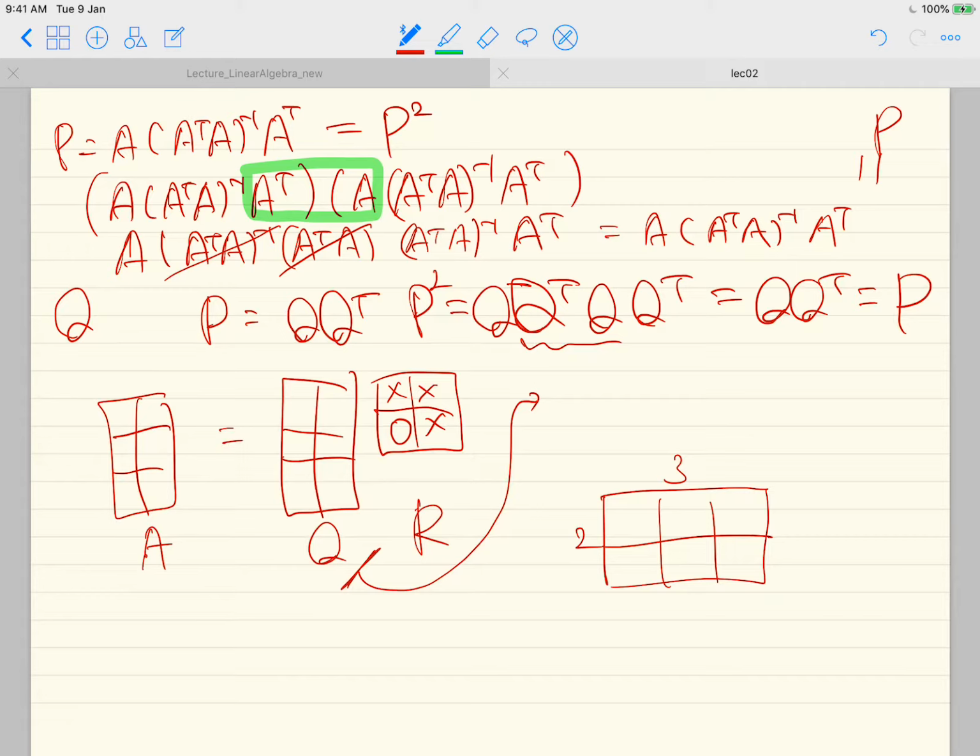No. Why? Because we cannot have more than 2 linearly independent vectors. That's right.